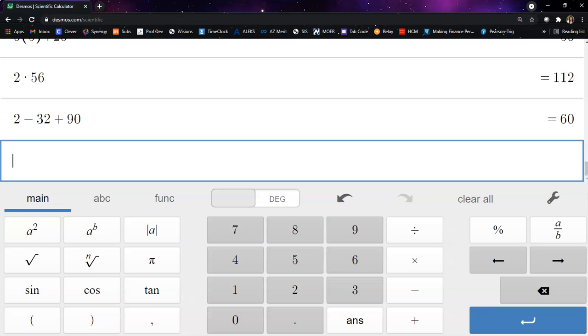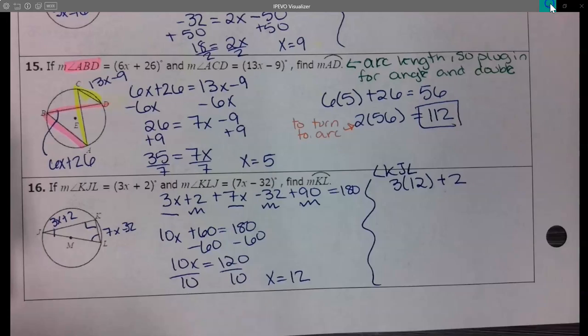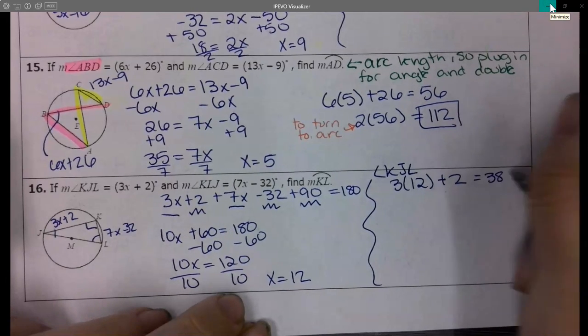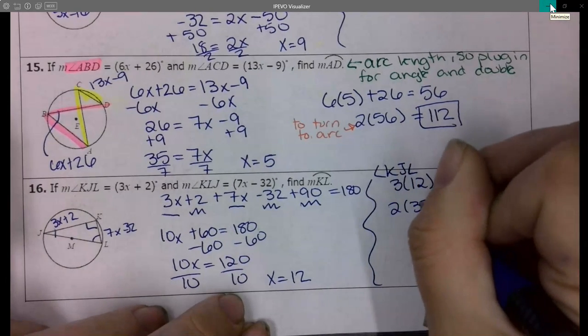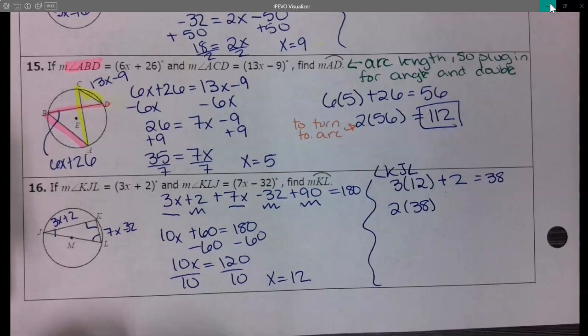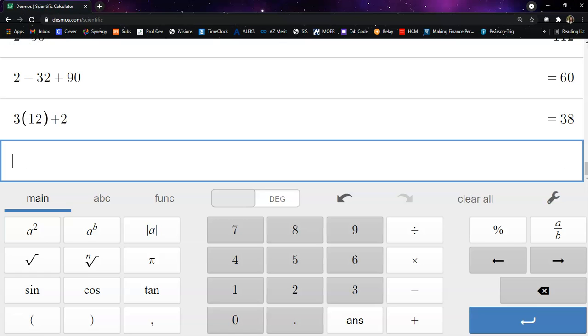Which, if I plug into Desmos, plus 2, gets me 38 for the angle, and then I just double to turn it back into the arc. So I times by 2, which gets me 76 for my final answer.